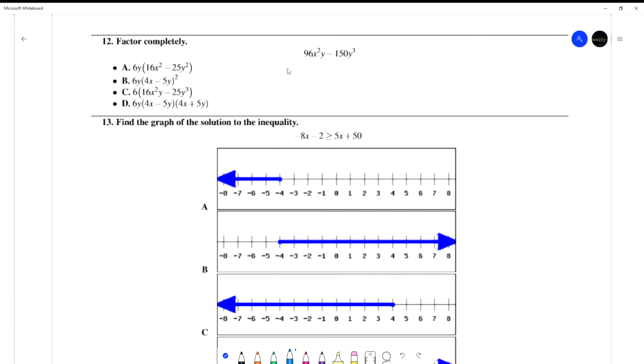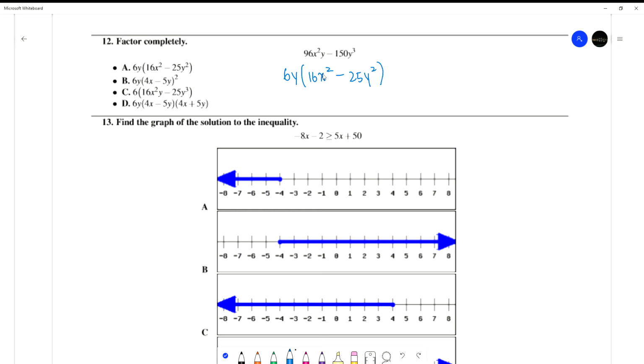Okay, so let's factor out a 6, and then I see that a y is also part of the GCF. So 96 divided by 6, that gives me 16, and then x squared, minus 150 divided by 6 gives me 25. So this is 25. We factored one of the y's out, so we have y squared here.